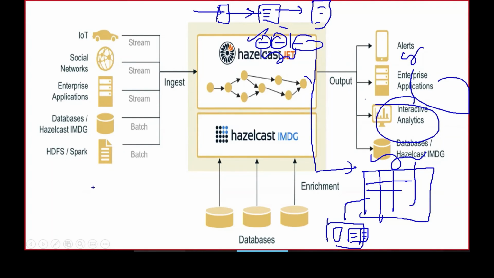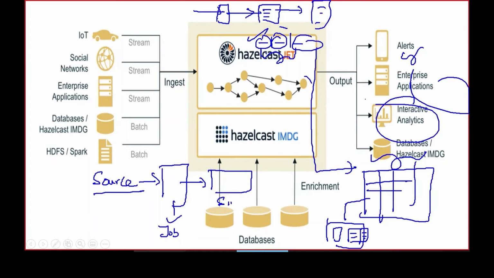So in technical terminology, usually they call the source from which you're getting the information a source. In the middle, you are running a job, and then the information is moved to a sink. The destination is usually called a sink. So even Kafka has this process.